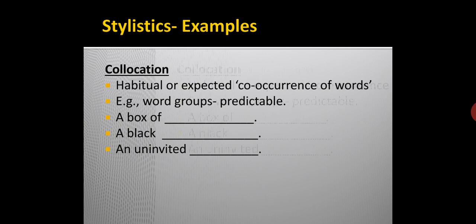And come to the next point. A black board. If you are in a setting where it's a classroom and you do have a blackboard in front of you, that would be the first thing that comes to your mind, right? A blackboard, a black swan, a black woman, a black man. We don't often say black child, do we?